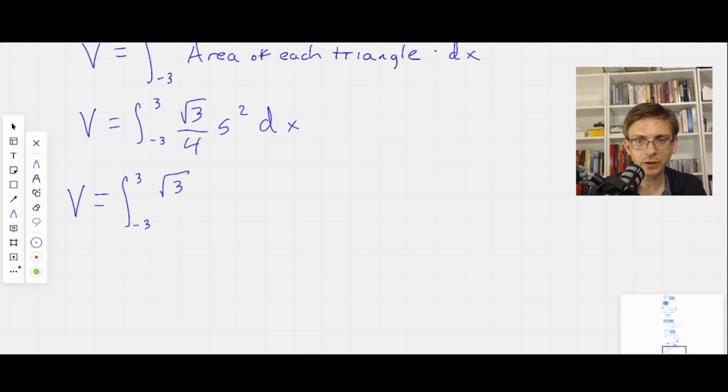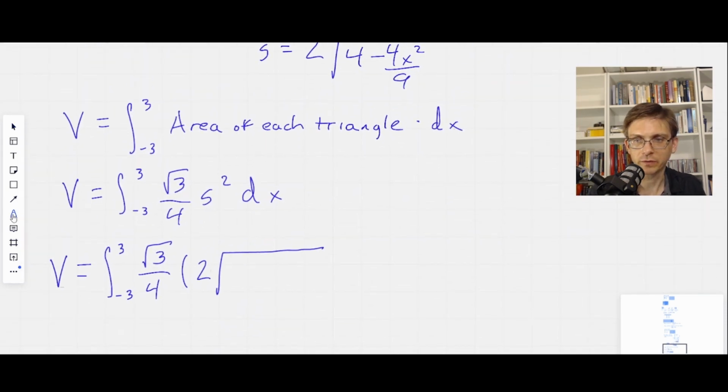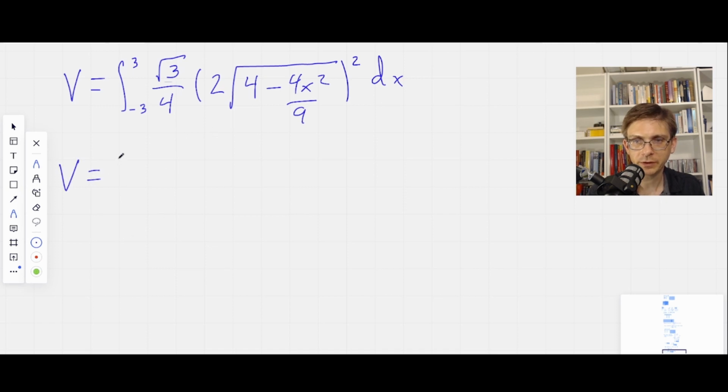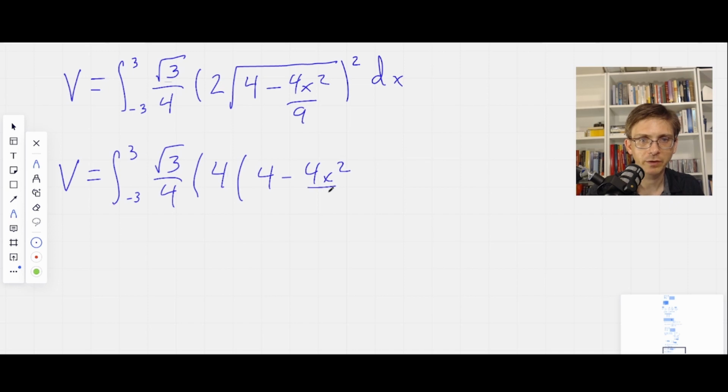So now we're going to plug in what we had for our s value, which is 2 times the square root of 4 minus 4x squared over 9. And that's all squared. So now let's start evaluating this. So V equals the integral from -3 to 3, rad 3 over 4 times 4 times 4 minus 4x squared over 9.